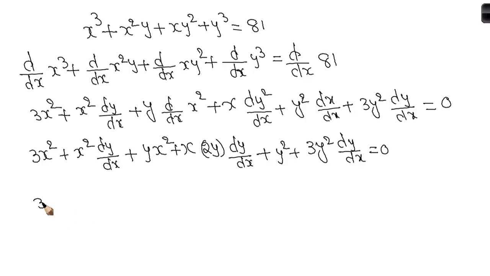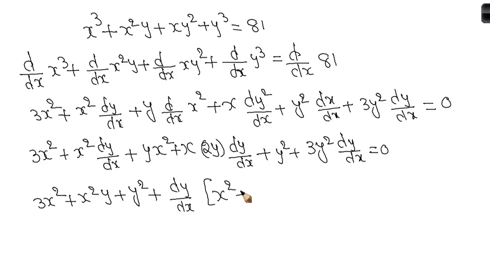So 3x square plus 2xy plus y square, plus dy by dx times (x square plus 2xy plus 3y square) is equal to 0. I am just separating the terms.